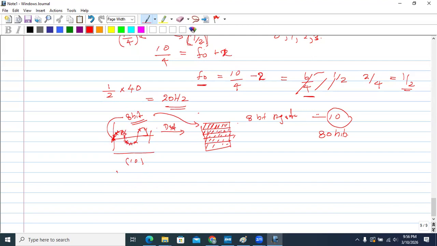If the sampling frequency is twice the signal frequency, you will get one sample here, one sample here, one sample here, like this. If it is 4 times, you will get another sample here also. If it is 8, you will get intermediate samples also.